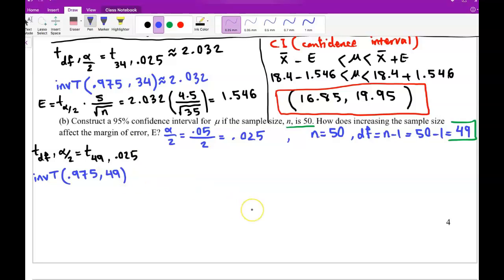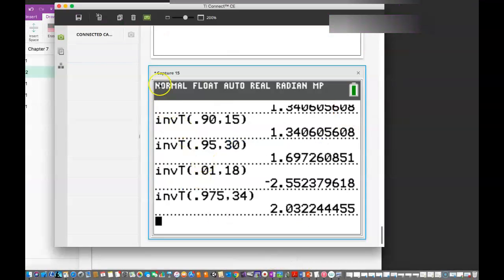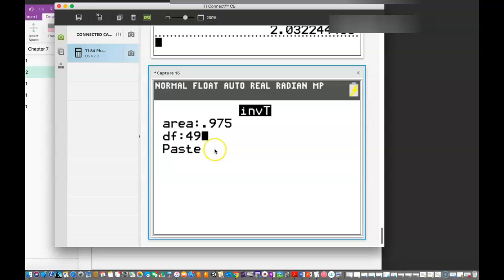Okay, let's use calculator. So second words, number 4. Now change that in degree of freedom from 34 to 49. Okay, so we have this, then enter.